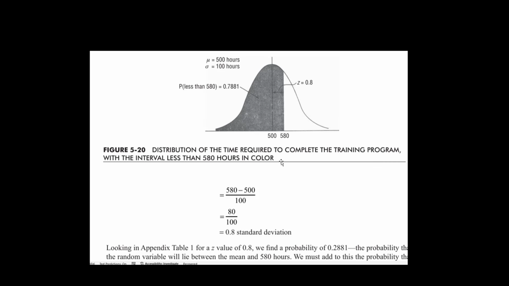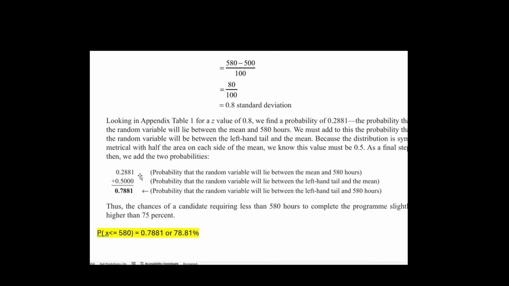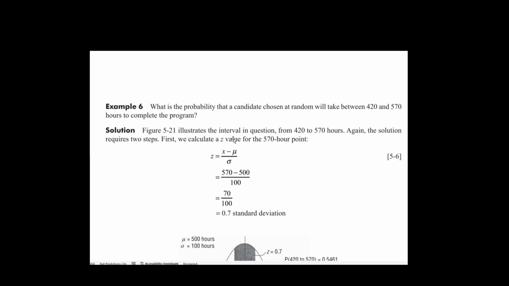So we get 0.2881 plus 0.5, which is 0.7881. So our answer is that the probability of finding a person taking less than 550 hours is 78.81%.